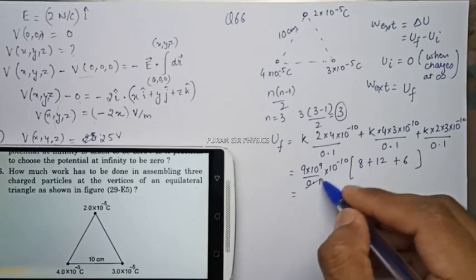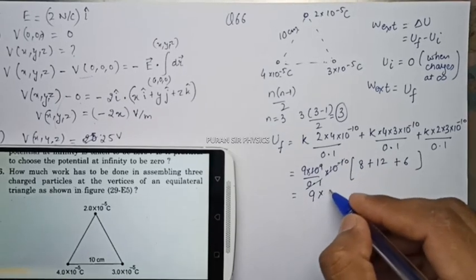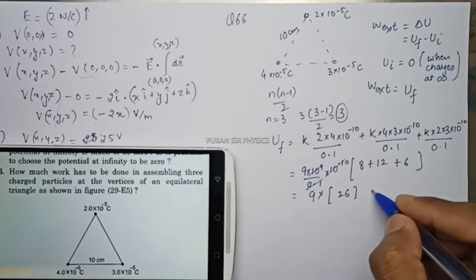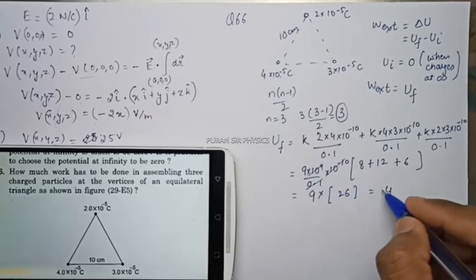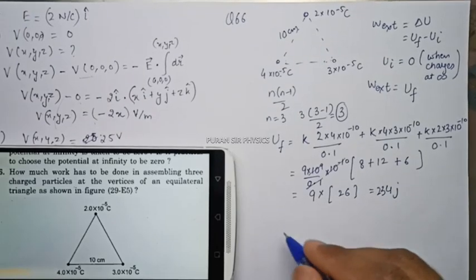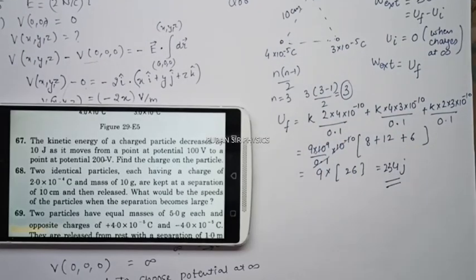So ये दोनों cancel हो जाएंगे. So we will have 9 into 26, so it will be 234 joules. So that much work is required to form this particular configuration. So this is your answer.